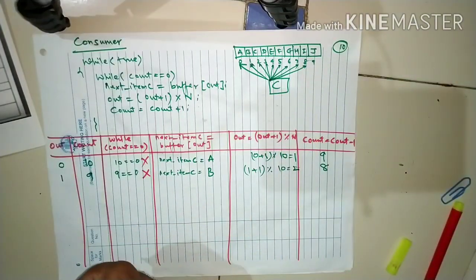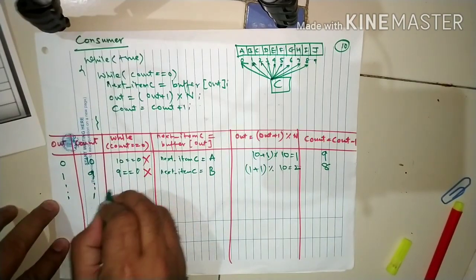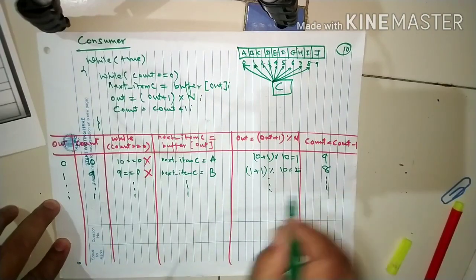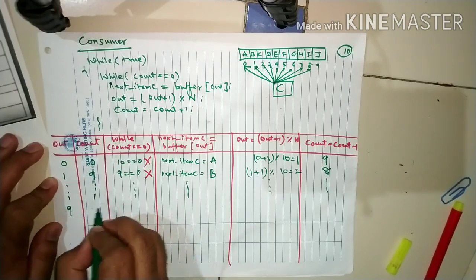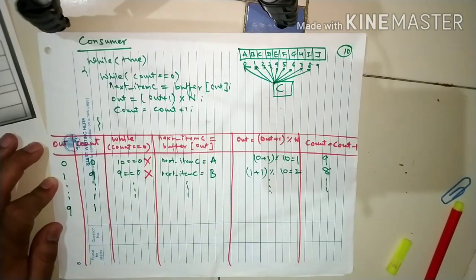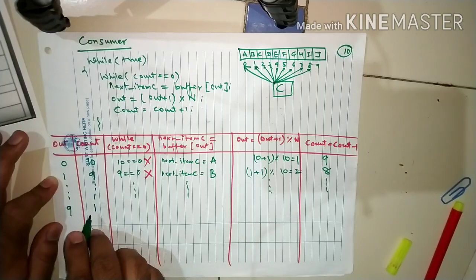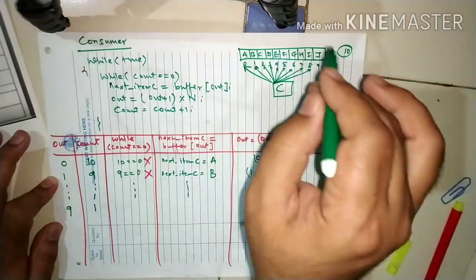We'll consider the case where out equals 9 and count equals 1. Count means the number of items present in the buffer.